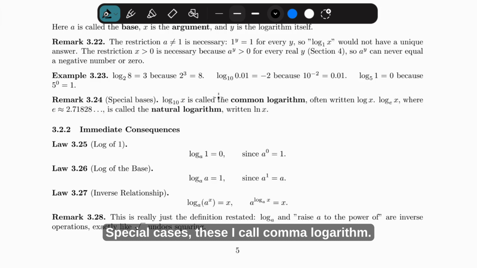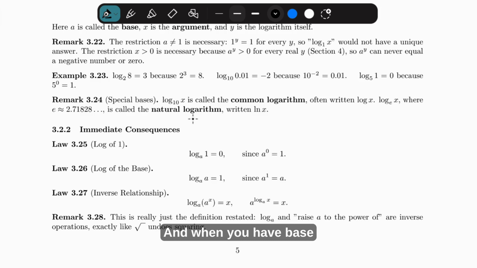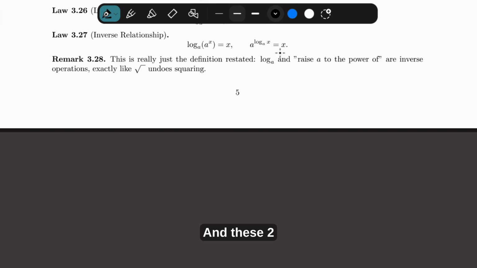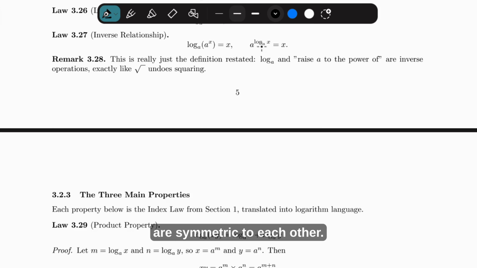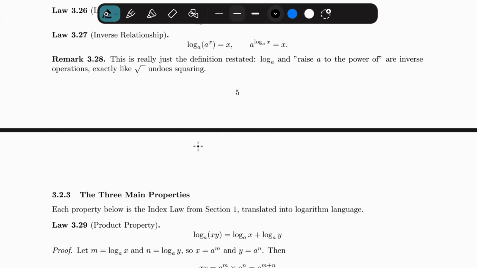Special cases: base 10 is called the common logarithm, and when you have base e, this is called the natural logarithm, ln x. Immediate consequences, which are just properties of logarithm, and these two are symmetric to each other.